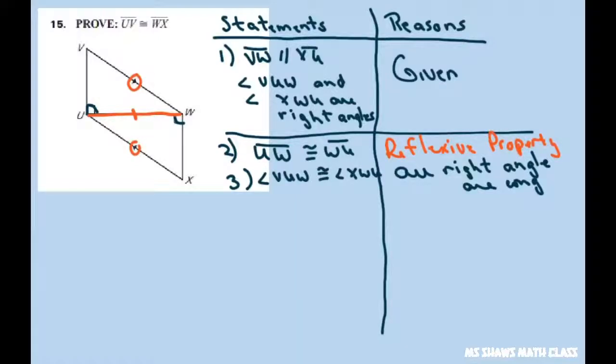All right, so since that's the case, for number 4, I can say that angle VWU is congruent to angle XUW. So I can say this angle is congruent to this angle.